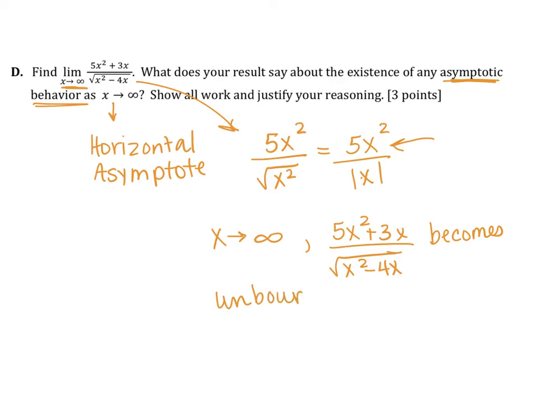In other words, it is going to grow without any kind of bound, becomes unbounded, and so therefore there's no asymptotic behavior.